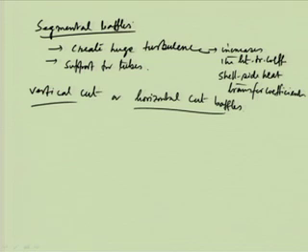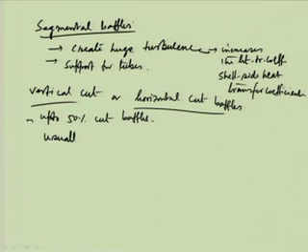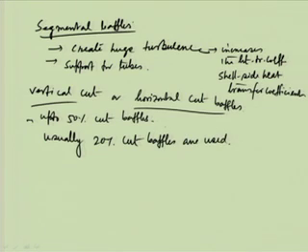And this cutting can be up to 50% cut baffles, and usually 20% cut baffles are used, but the range can be 15% to 50%. In this range the baffle cut can be.